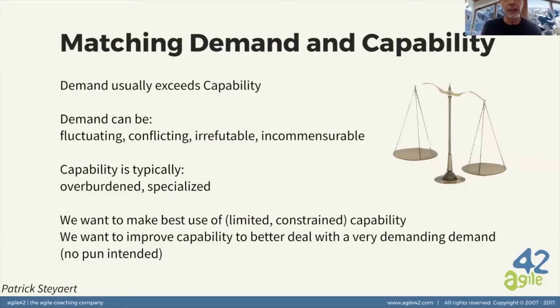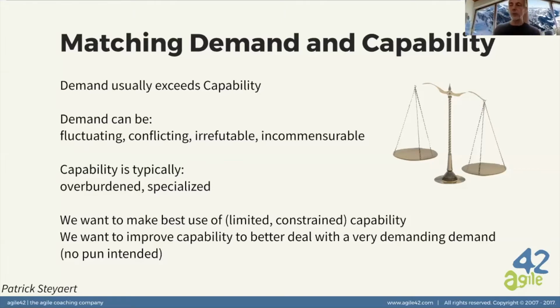Then capability is typically always overloaded. And then we have specialized capabilities. Obviously, people cannot do anything. Everyone has their own special skills, and we have to deal with that. So we have limited and constrained capability that we have to match to a very complex and variable demand. And it is what portfolio is about.